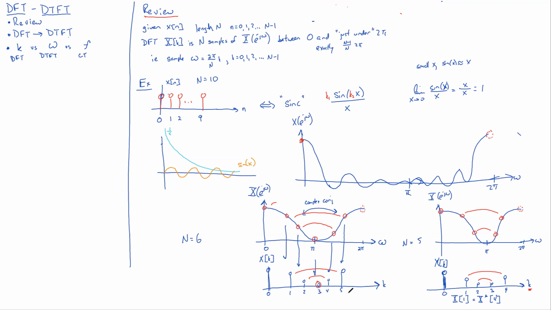And I can say again, for this example, that x of 2 is going to be equal to the complex conjugate, as an example, of x of 4. So the magnitudes will be the same and the phases will be opposite. The real parts will be the same. The imaginary parts will be opposite. And since there is no complex conjugate for this value and this value, it means that both of those values have to be real numbers if n is 6. Whereas for n odd, the only sample of the DFT that is guaranteed to be real is for k equals 0.